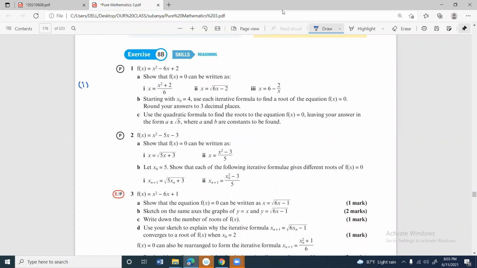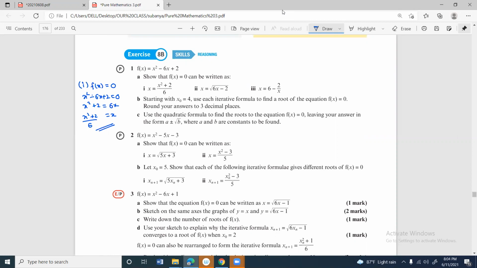So f(x) equals 0 means the starting equation is x squared minus 6x plus 2 equals 0. I will keep x squared plus 2 here and bring the 6x to the other side. Then x equals (x squared plus 2) divided by 6.